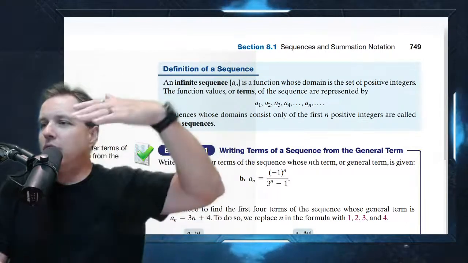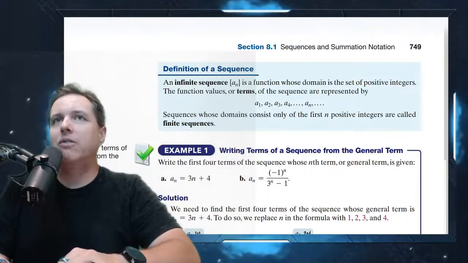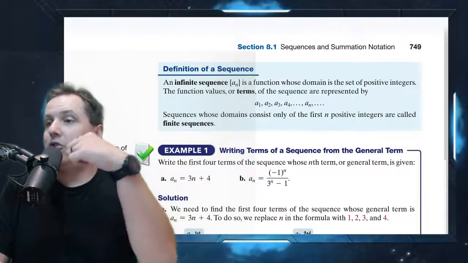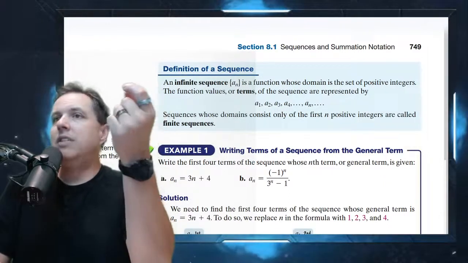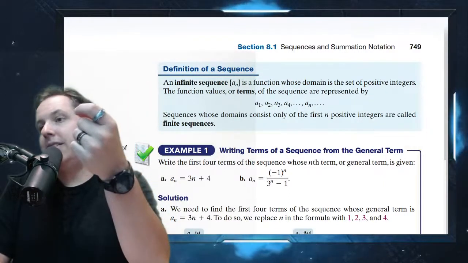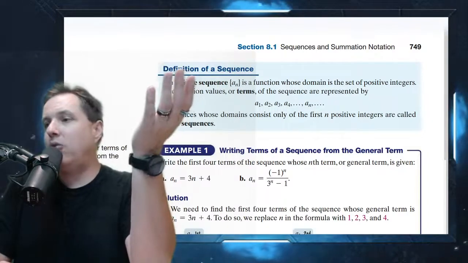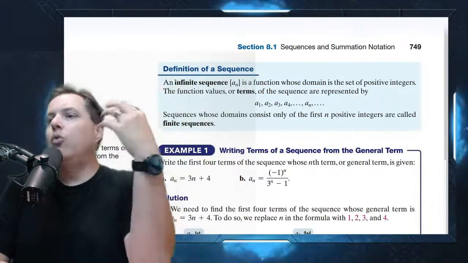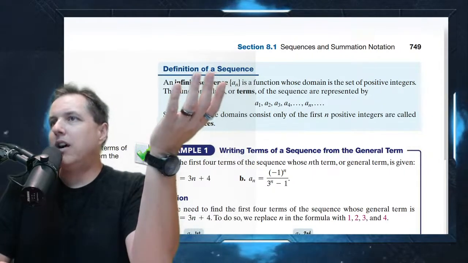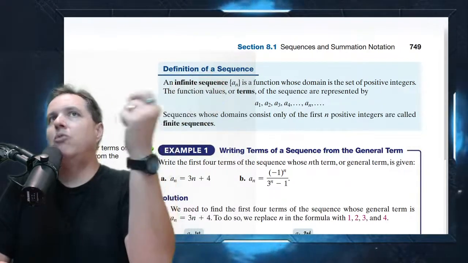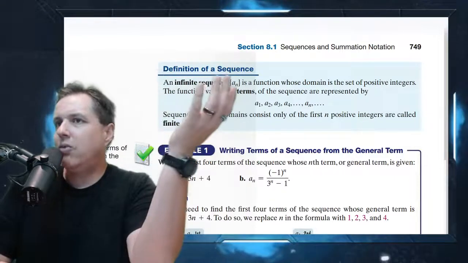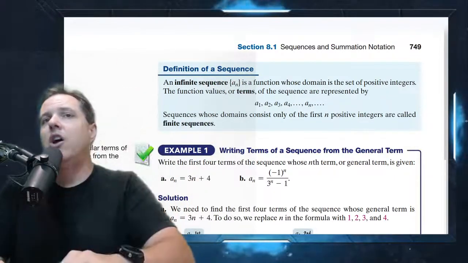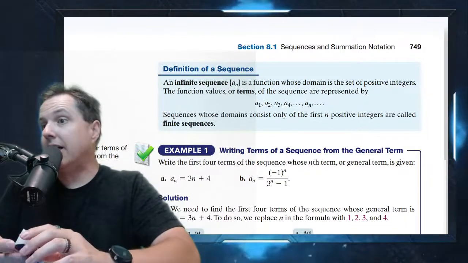As you progress through your math classes, what you're going to find is usually what books do is they define a sequence to be infinite. And then if a sequence is finite, they call it a finite sequence. So when someone just says sequence, the implication is that it's infinite. Although we are sometimes lazy when we talk about these things, and we may say sequence when it's a truncated sequence. It's a finite sequence. But usually you can tell from the context, right?